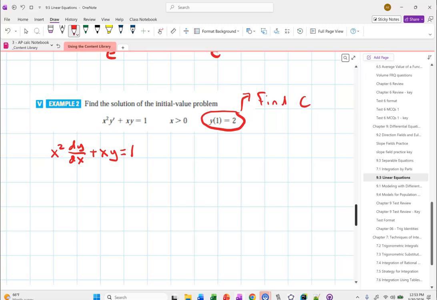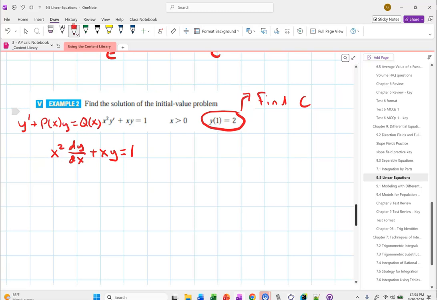And if I look at this for a second, I see there's going to be no way for me to attach all the y's to this dy. So I'm pretty positive it's going to be linear. The problem is, though, that it's not in the linear form right now.